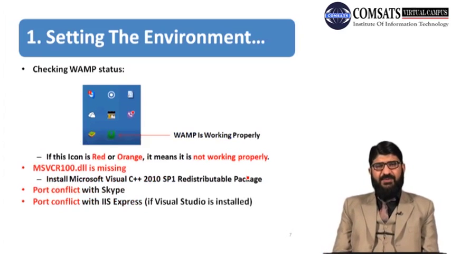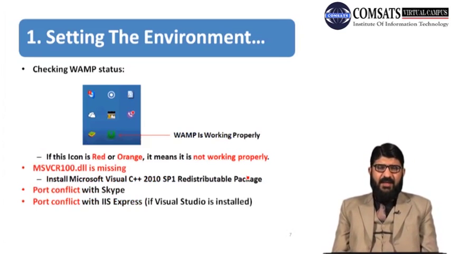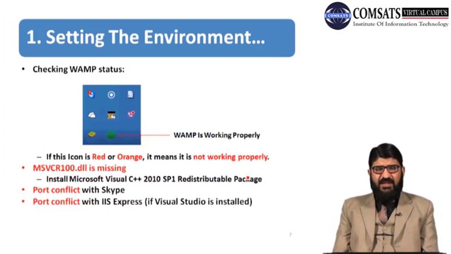When you download the PHP VM server and you install it, after installation it just requires simple click actions. And after the installation of VM server, mostly we are going to face some problems.